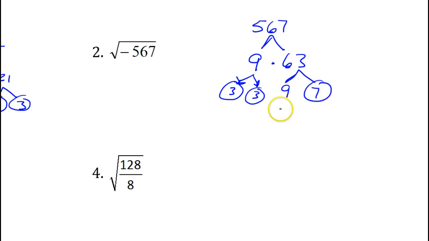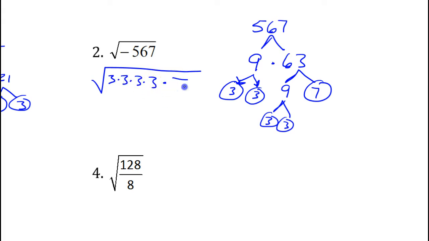So this is a prime number. And again, I really could just leave these as 9s, or I could go ahead and write 3 times 3. I'm going to go ahead and just follow the procedure, so I will go ahead and break it down to 3 times 3. Okay, so the prime factorization here is going to be 3 times 3 times 3 times 3 times 7.